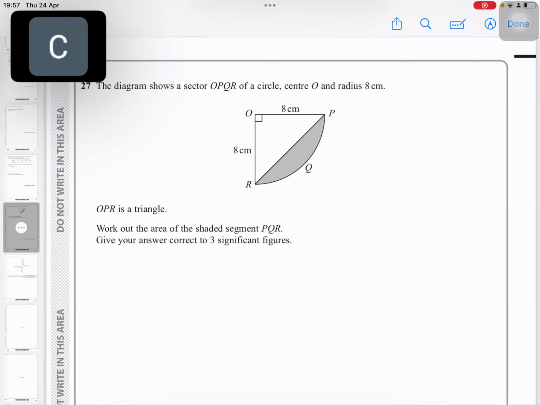Okay. So, 16 pi centimeter squared. Okay. 16 pi minus what? 32.